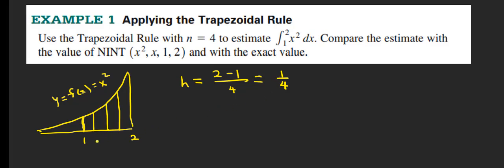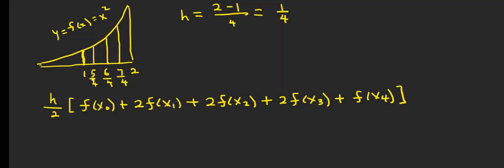All you've got to do is keep adding 1 over 4 to each value. So you end up getting 5 over 4, 6 over 4, 7 over 4, and 8 over 4, which is just 2. So this is x0, x1, x2, x3, and x4.